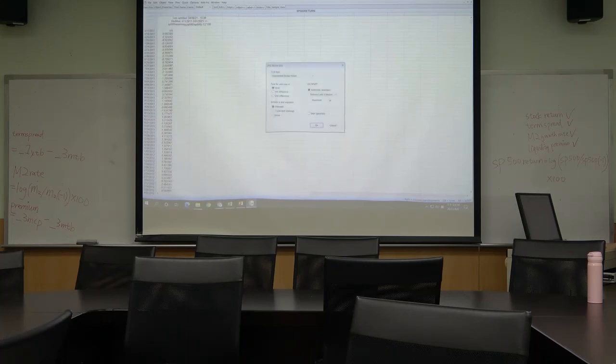We would like to check in level whether it is stationary. Let's check the trend and intercept in level. And the lag length, we use the Schwarz information criterion. And the maximum lag length, we use 18.